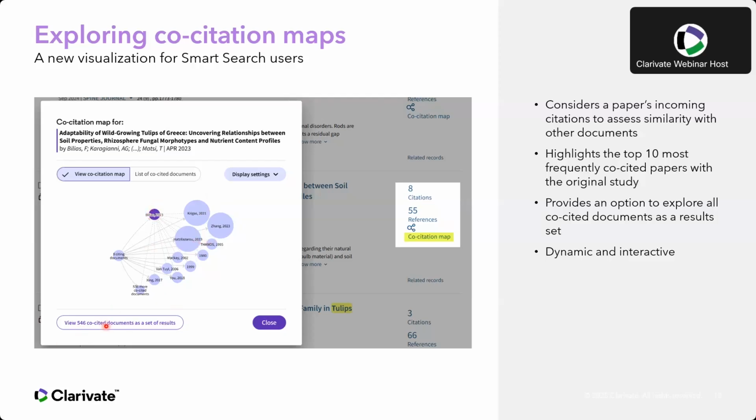So for this one, it has 546 co-cited documents. Okay, so other documents that are commonly cited with that paper of interest, the paper we were looking at. But the ones that are frequently co-cited, the top 10, are these ones. It's just those that have the highest frequency of co-citation.